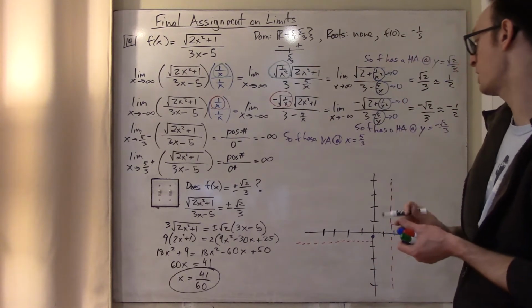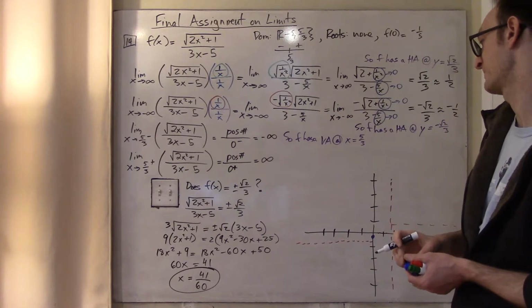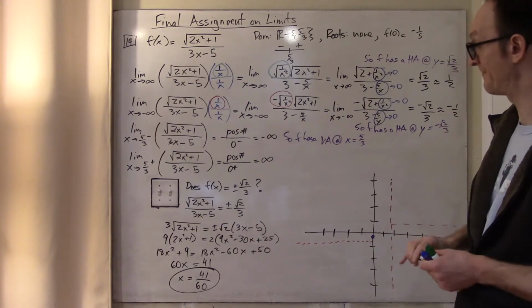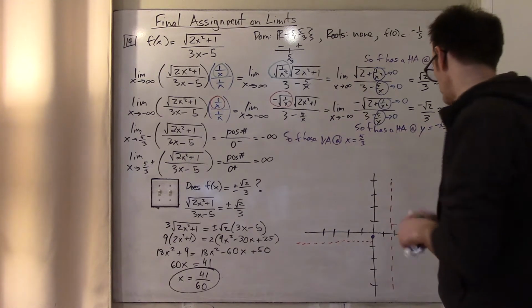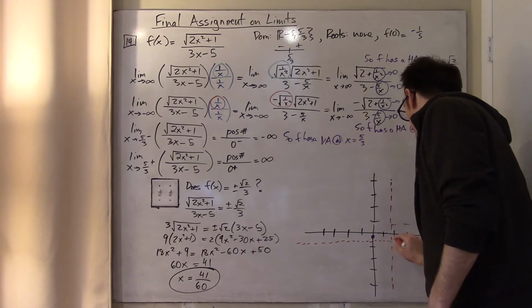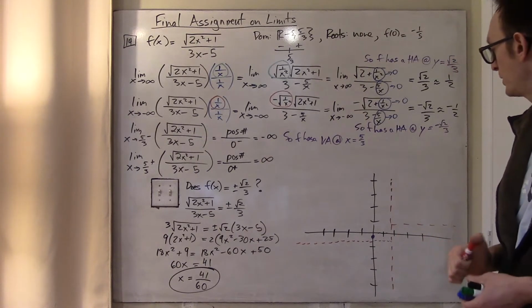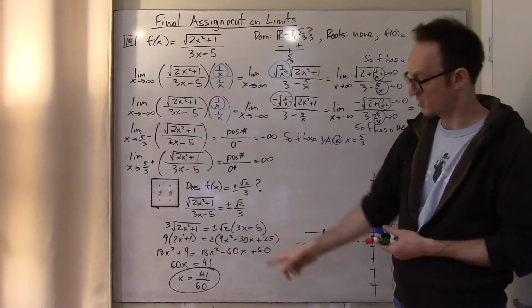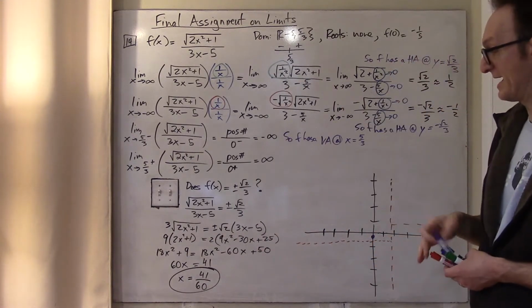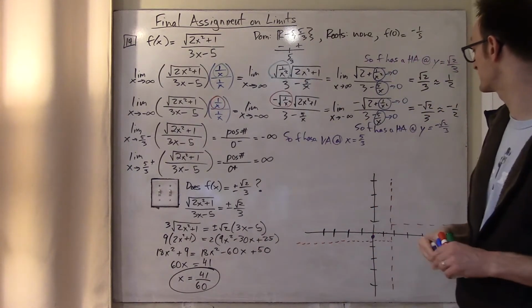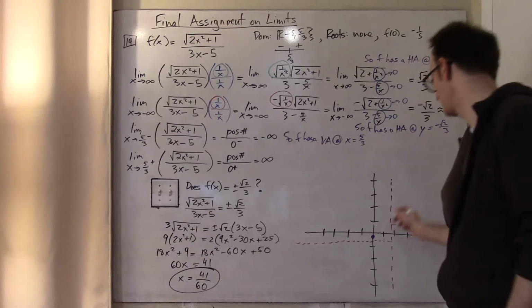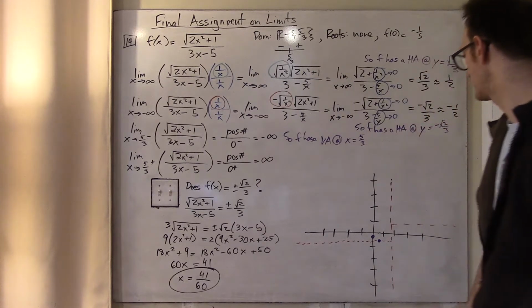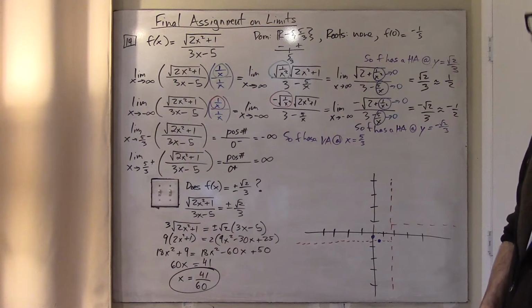And so going to 41 over 60, which is like 2/3, I see that my function must be negative there, and so it must be the asymptote y equals negative root 2 over 3. So I'm going to put a little dot right there.